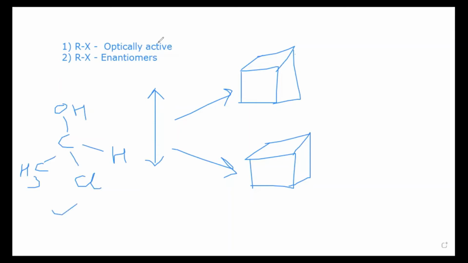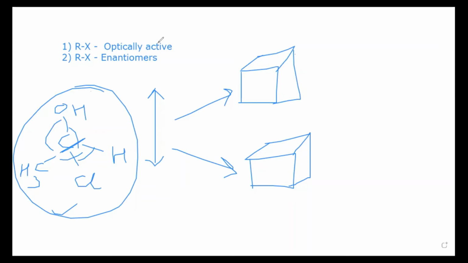Now it has a three-dimensional configuration. When I say configuration, I think you should be clearly informed about what it means. And what it means is the angles these four different species are making with respect to the central carbon atom. This is the central carbon atom, right? There is no doubt in that. And there are four different groups attached to it: OH, CH3, Cl, and hydrogen.